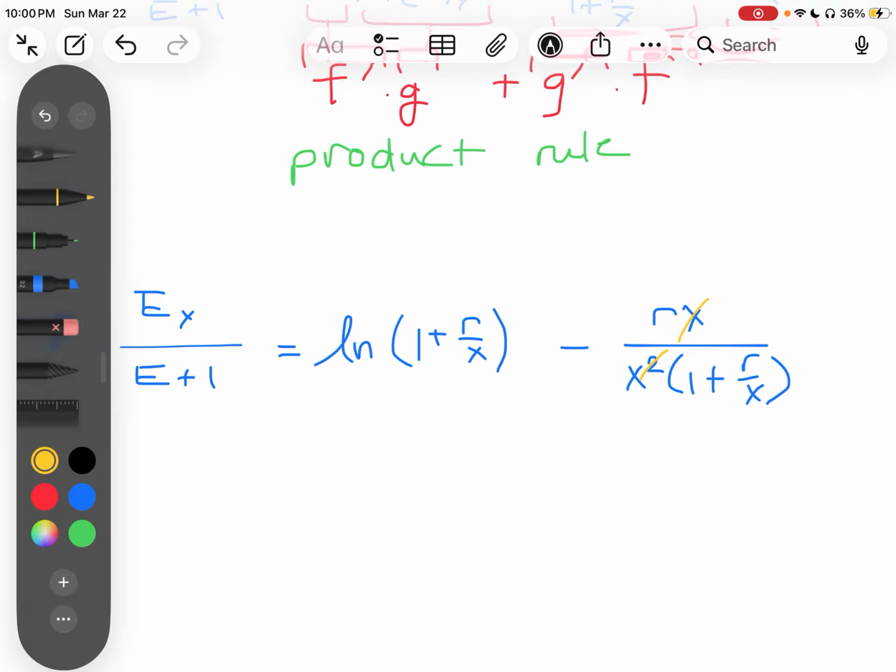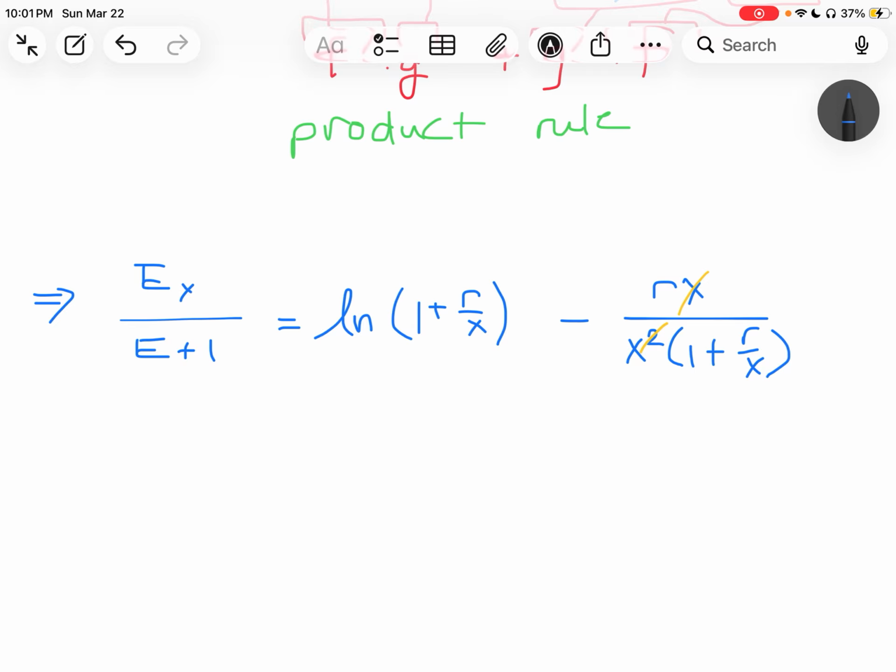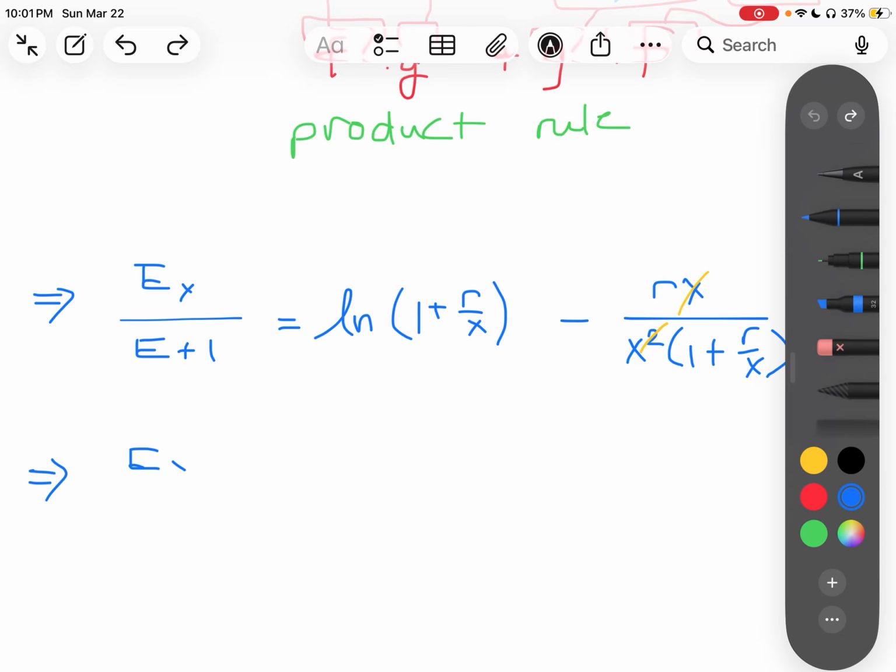This x will cancel out with this, so then we have just the x at the bottom. And then I can simplify it a little bit more. So here we have e sub x, the derivative with respect to x, over e plus 1 equals ln of 1 plus r over x.